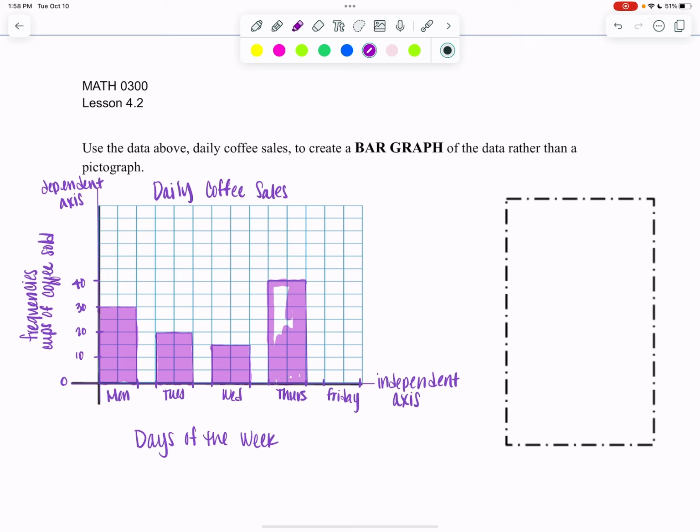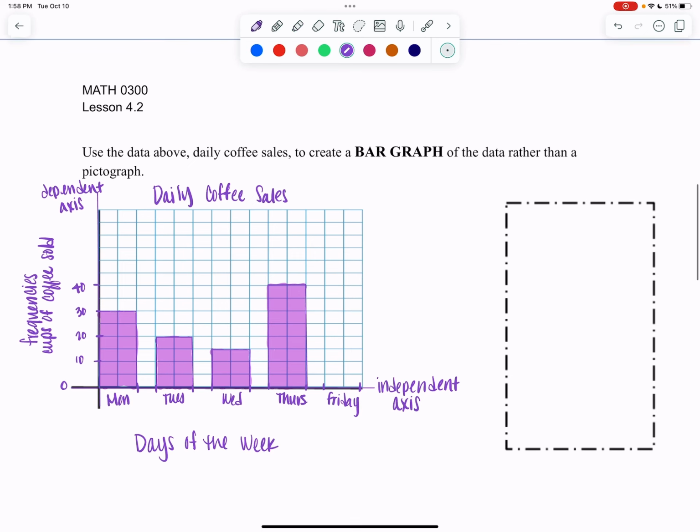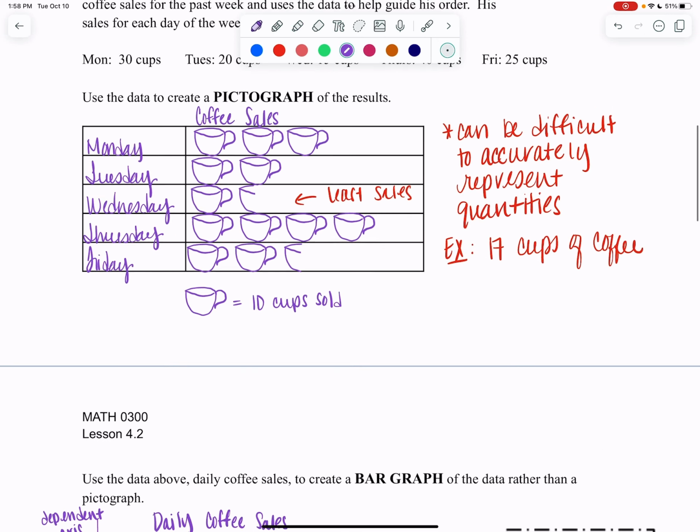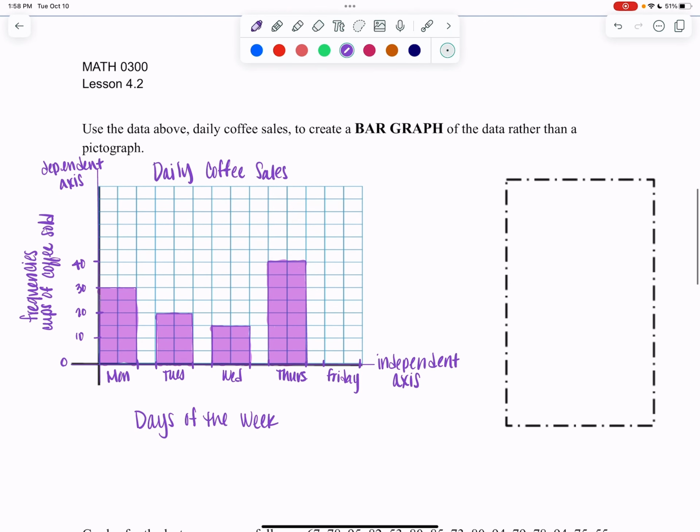These don't have to look like we're going to hang them in the Smithsonian. That is not the purpose. Friday, we had 25. So we'll fill this one in.